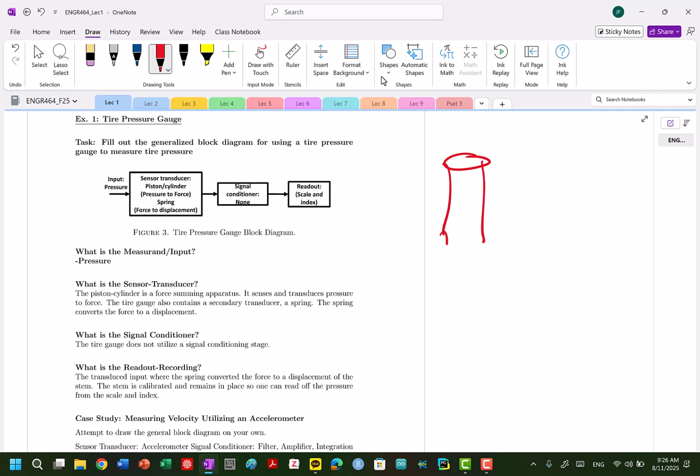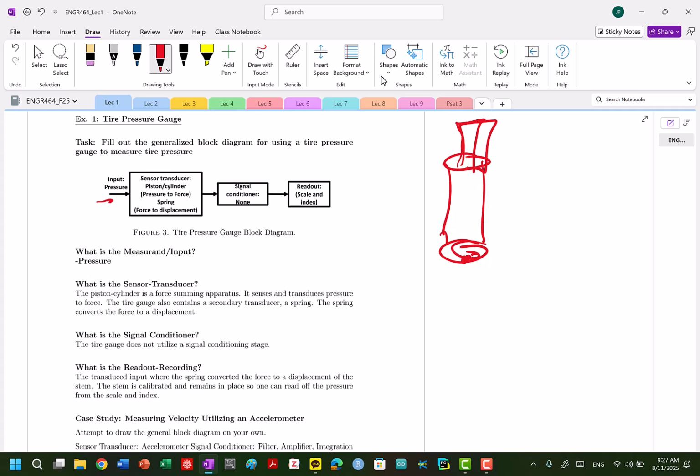So we can think of an example of, if you have a tire pressure gauge. I'm talking about one of the old ones. Probably none of you have ever done this, where you put it in there, and then it shoots out this little analog stick, and by the height of the stick, you see what the tire pressure is. I'm going to bring one to class and see if I still have one. You put it on your tire, pressure's the input.